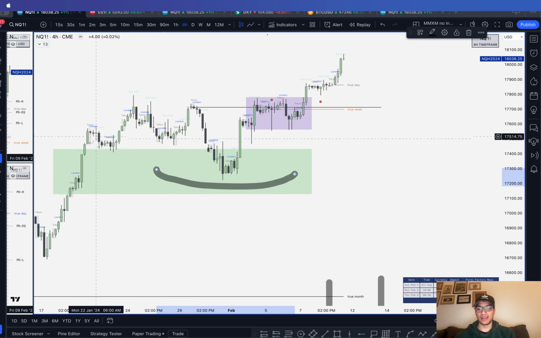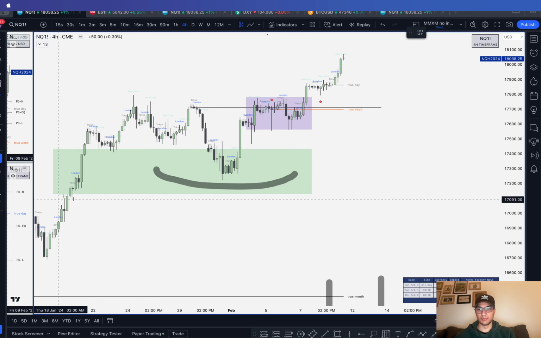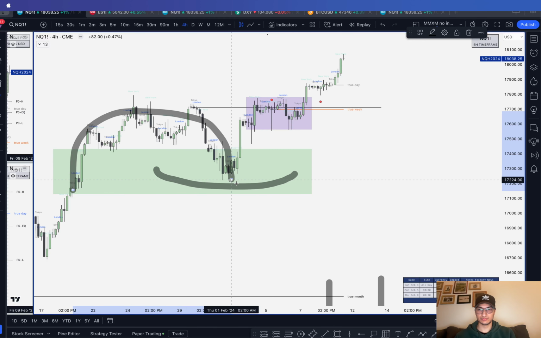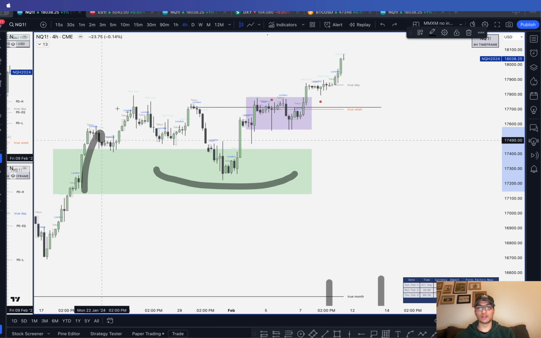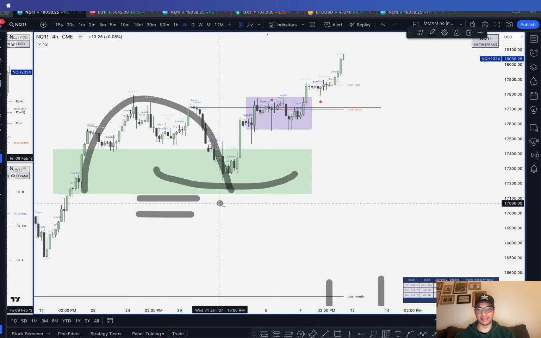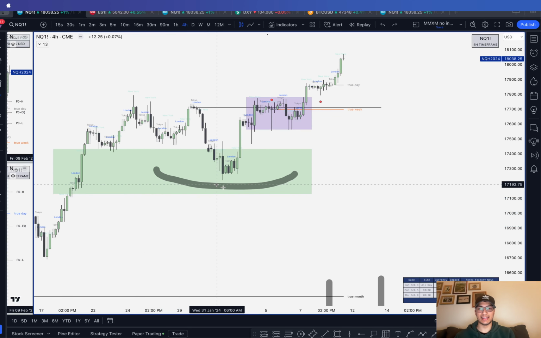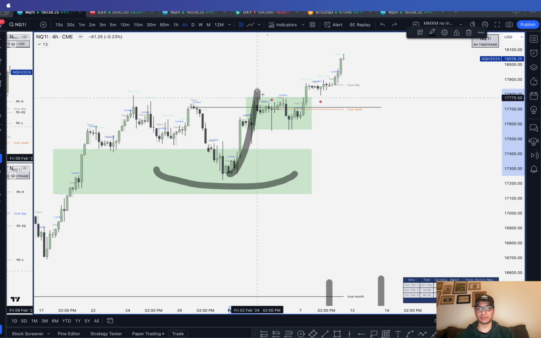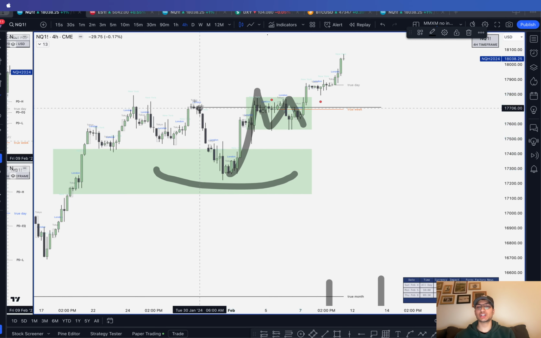So what do you think, from what we know about market maker models, is happening here? We have inefficiency, so we're restoring the inefficiency using a lower time frame. Market maker what model? That's a market maker sell model. Sell model reprices the inefficiency, making it net balanced, putting in an intermediate term low in the market. Then we distribute. What has to happen after distribution? Accumulation again. Where is the accumulation occurring?